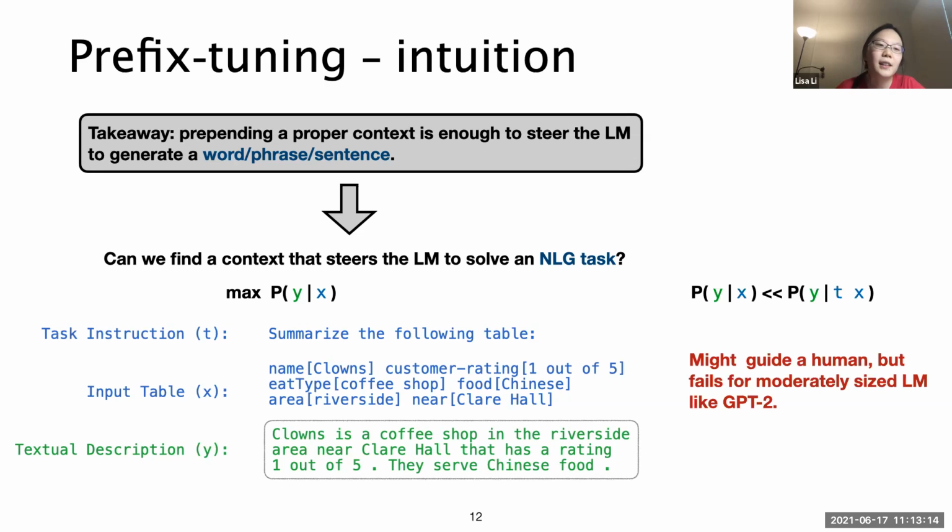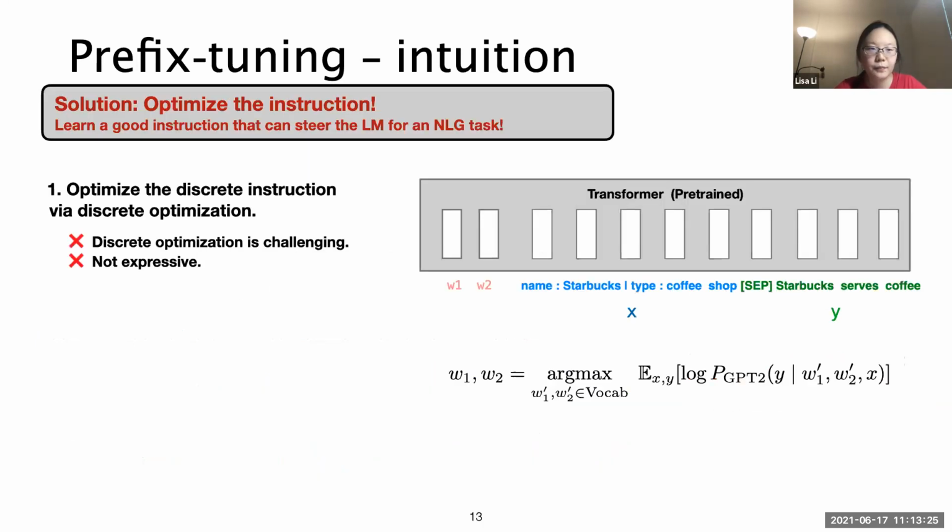However, empirically, the task instruction might be able to guide a human, but it fails for moderately sized language models like GPT-2 or BART. So how to fix this problem and find some context that can really steer GPT-2 for an NLG task? The solution is that we should optimize the instruction.